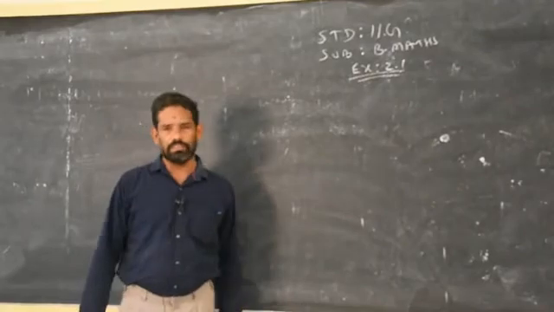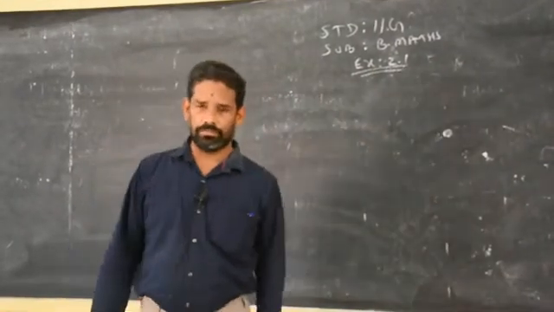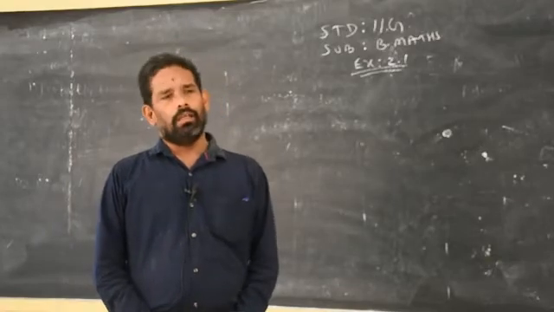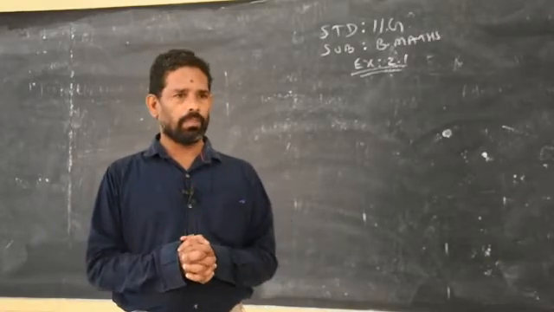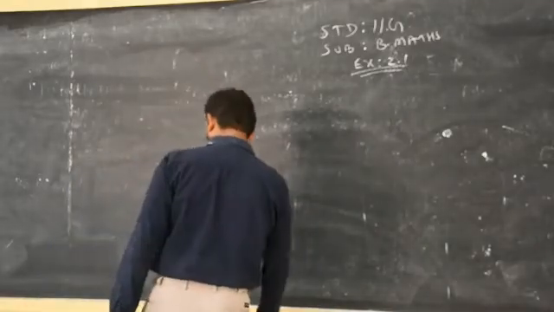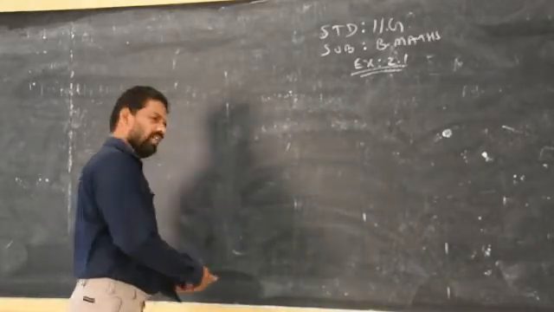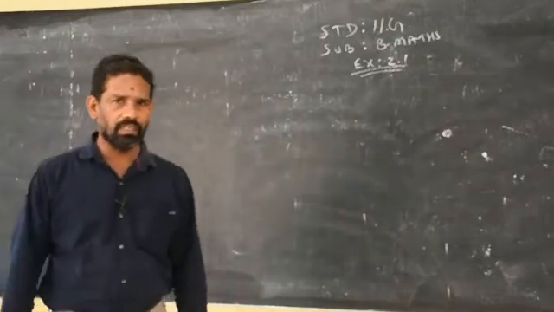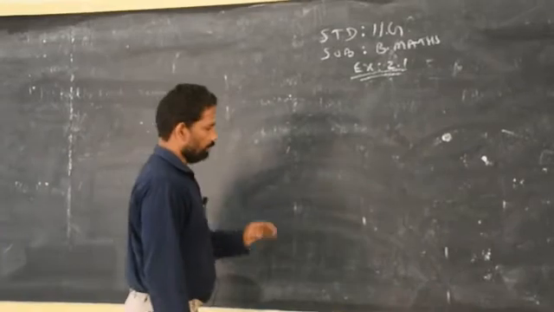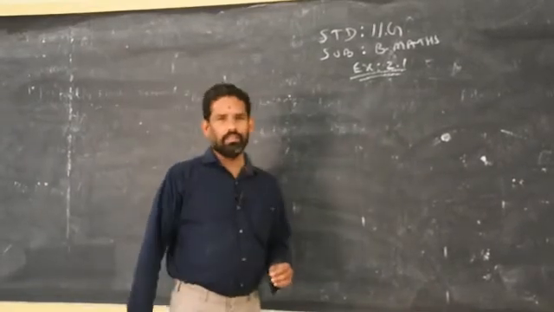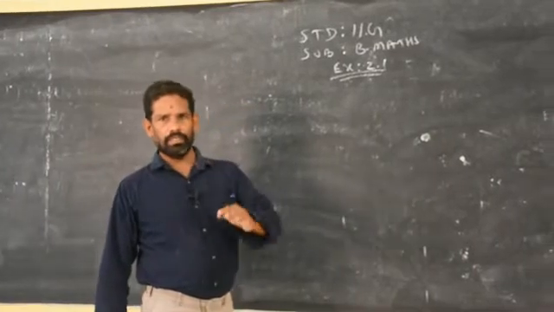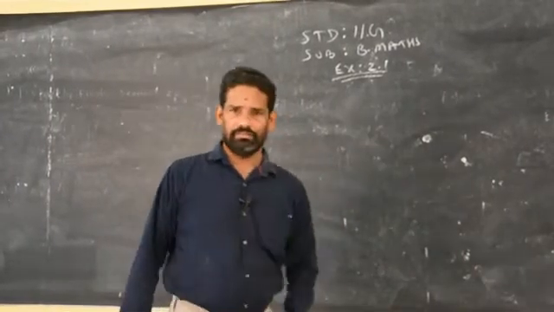First exercise is partial fractions. What is meant by partial fractions? An algebraic expression, if it is in rational form, is a rational expression. What is the meaning of rational? A term consisting of a numerator and denominator is called rational.